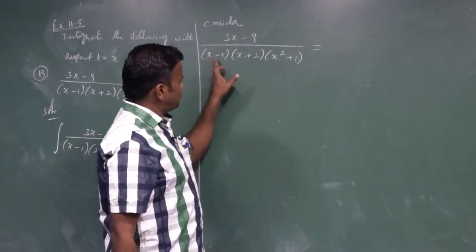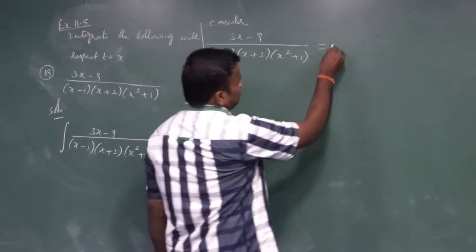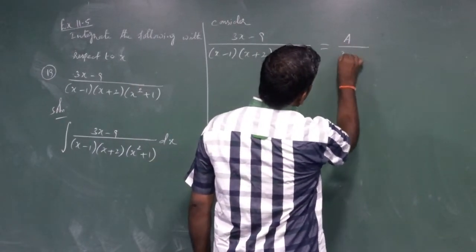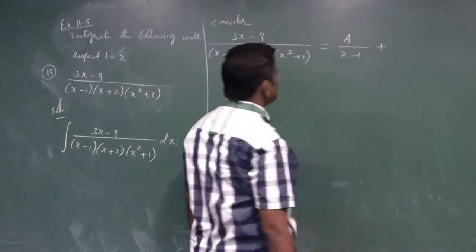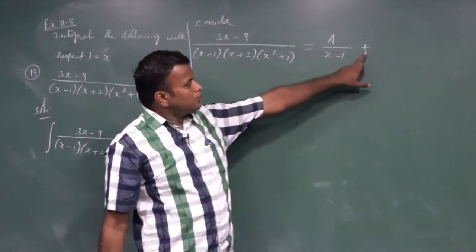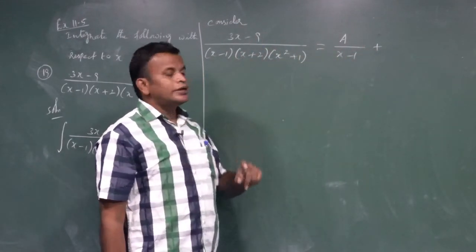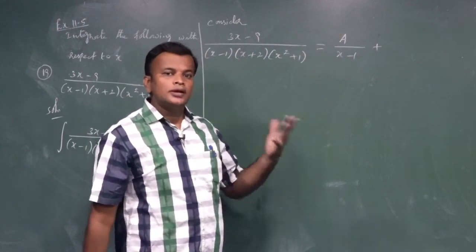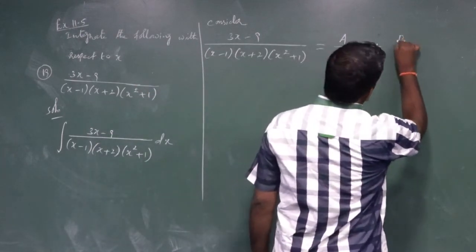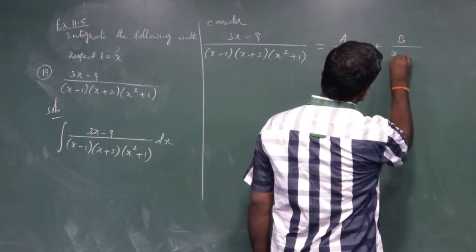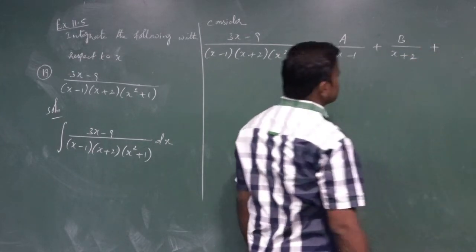The first linear factor is x minus 1, so we put one constant: a divided by x minus 1, plus. Second linear factor x plus 2, so we insert b: b divided by x plus 2, plus.